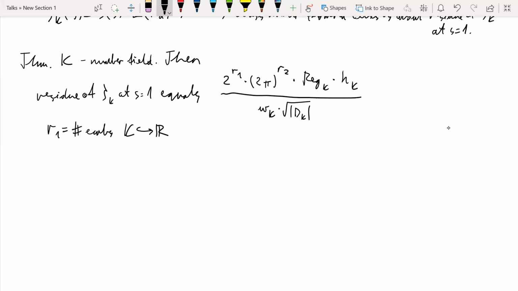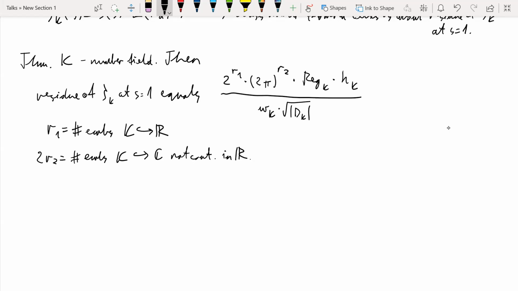So specifically pairs of such embeddings. So 2 r2 is equal to the number of embeddings of K into C not contained in R. This regulator, actually, let me explain this at the end.